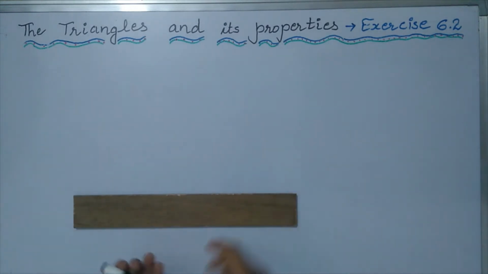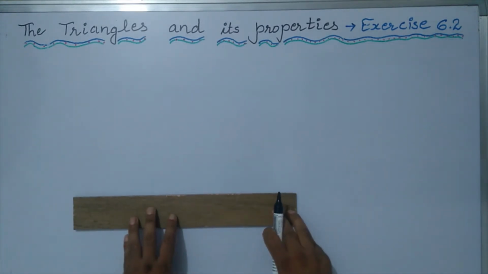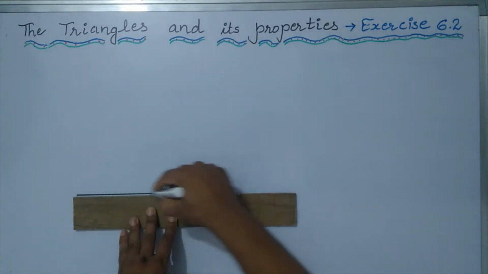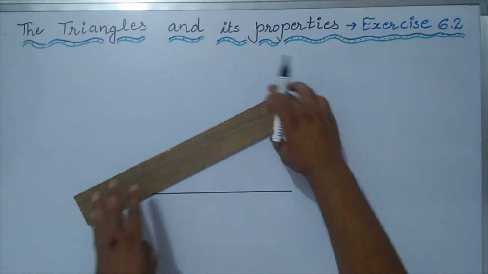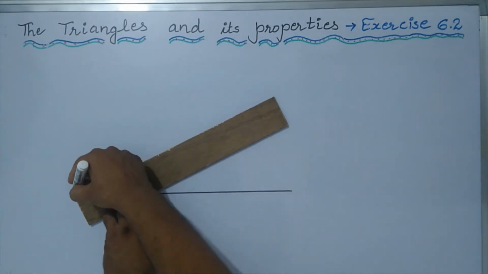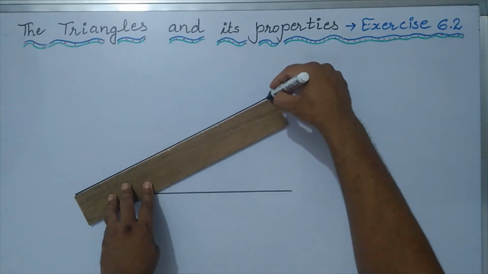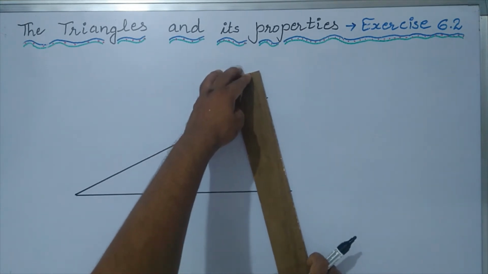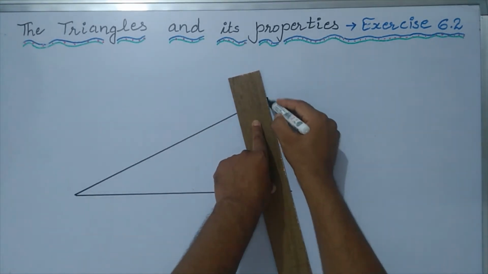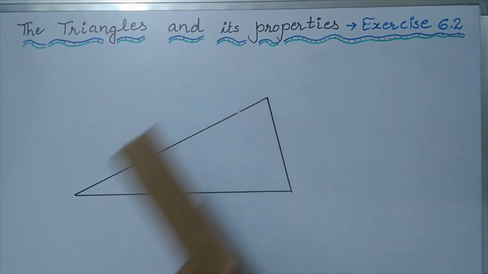Suppose we have one triangle. Let us draw one triangle. This is one side. Any triangle, we are not going to measure the sides of the triangle. This is the second side of the triangle, and this is the third side of the triangle, right?